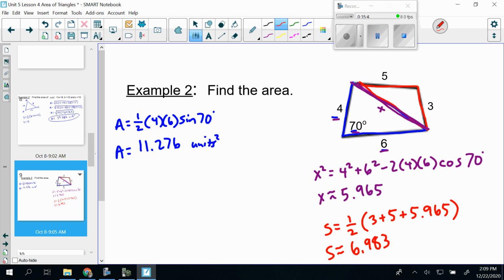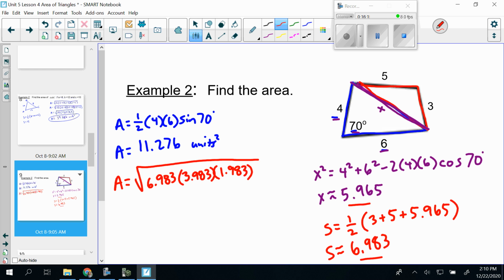Okay, so now to get the area of that, we're going to do the square root of that S value and then times the S value minus all the sides. So if I take that value minus 3, that's going to be 3.983. If I take that value minus 5, it's going to be 1.983. And then I need to take my last value here, which is the side we just found. So subtract these two values and get the last one. So if I subtract those, that's going to be 1.018.